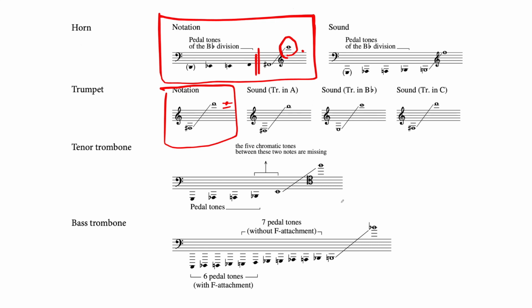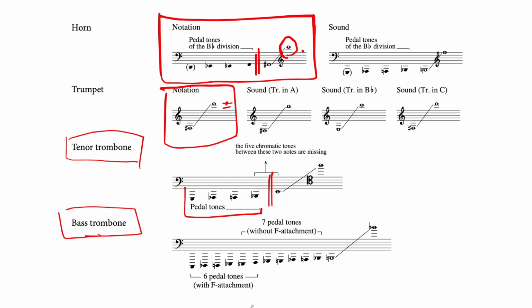And then we have tenor trombone without F switch. It begins here, and then we have some pedal tones, and then we have a gap between B flat and E. And then we have bass trombone, and it begins with this B natural and goes to the B flat here. And the upper limits are not fixed, they depend on the player.